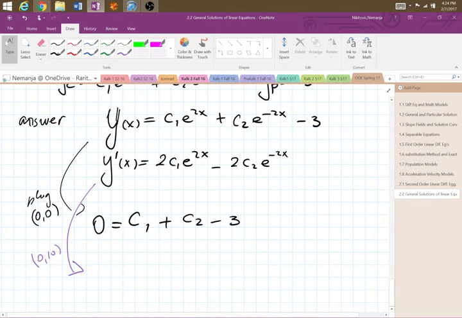So now we plug that into the derivative. 10 is equal to, we know that this guy over here is 1, and this is 10. 10 is equal to 2c1 minus 2c2.